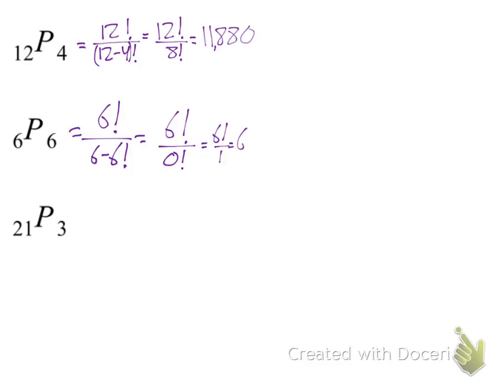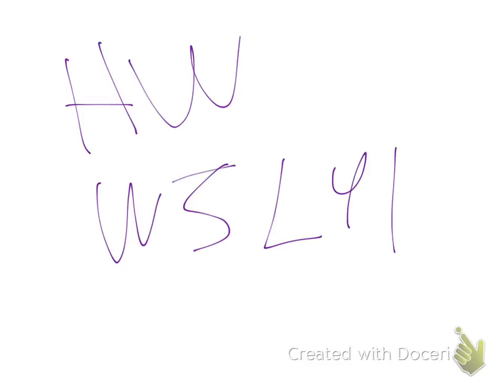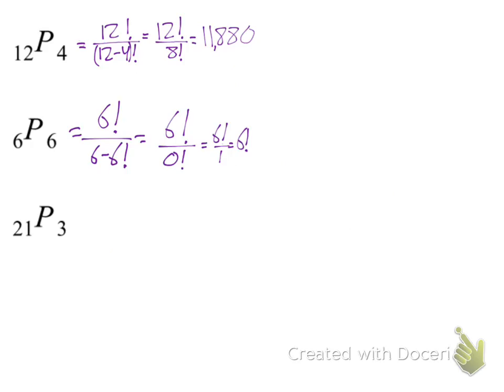So it just ends up being 6 factorial, which is 720. Guys, 0 factorial is 1. If I have 6 things taken 6 at a time, that means I'm taking all of them, right? So it's just 6 factorial.